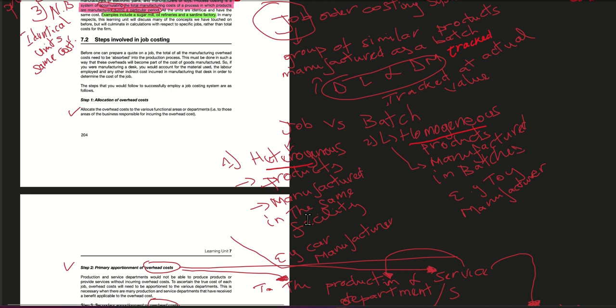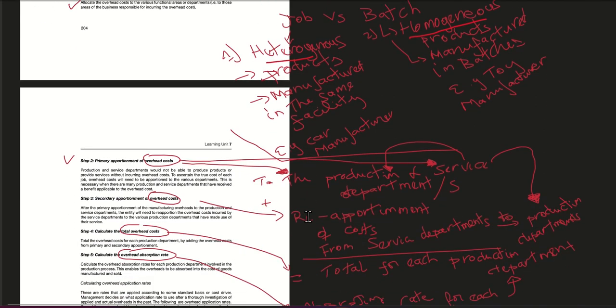With step two, the primary apportionment of overhead cost, we are looking at the overhead cost that will now be apportioned to the production and service departments, to the production and the supporting departments to that production, right?